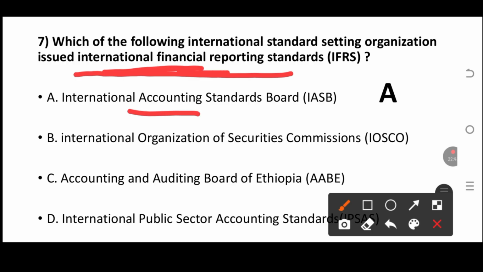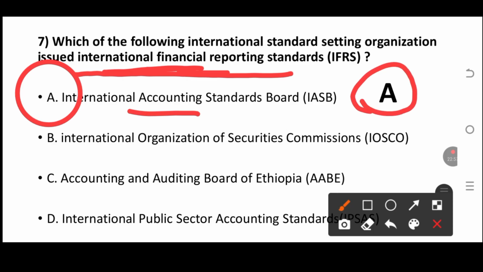As we have seen in accounting and auditing courses, it is basically the International Accounting Standards Board. So the correct answer is choice A. The IASB has issued the International Financial Reporting Standards. Okay, thank you.